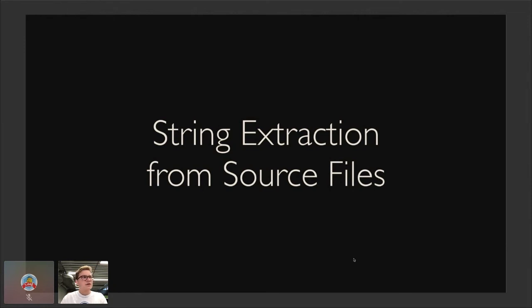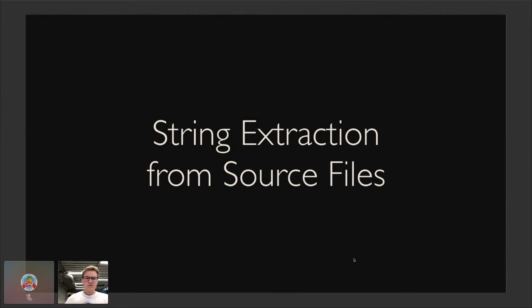So an option would be to use the string extraction on the actual source files. So you have the correct source when doing the string extraction, and later on when you translate, you have the correct source. However, this currently is not easily doable, because when WordPress looks for translations, it doesn't know where your source files were.